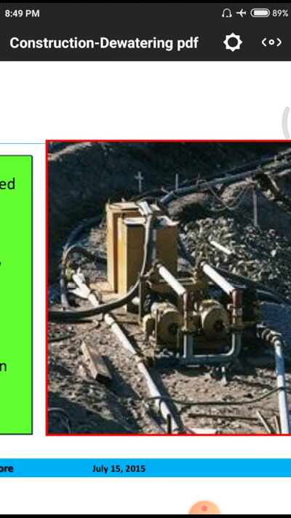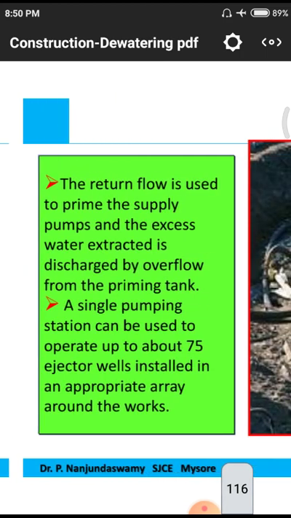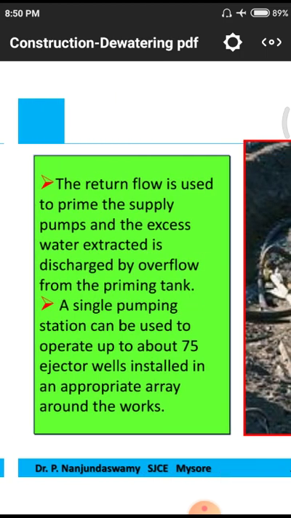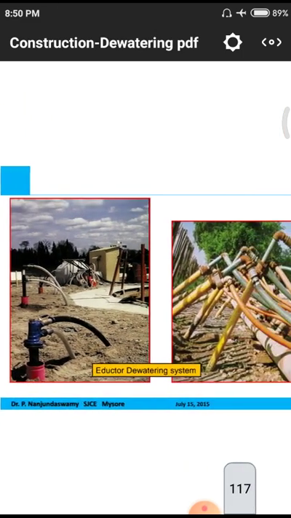After that, the ejector pipeline system has to pump that water into the feeder system, that means the priming tank. It is the diagrams we need to observe.